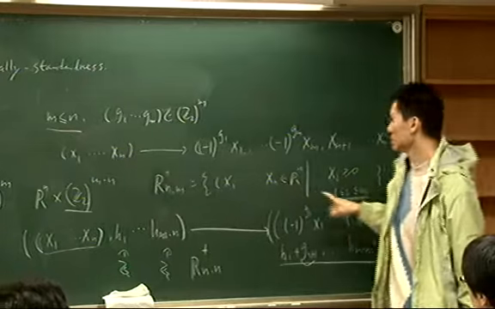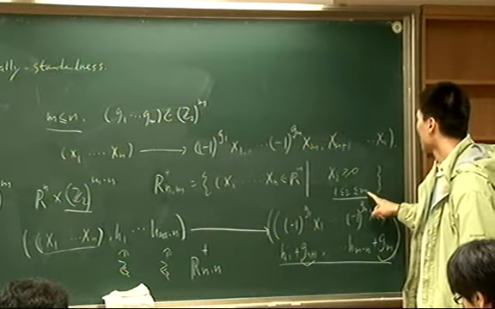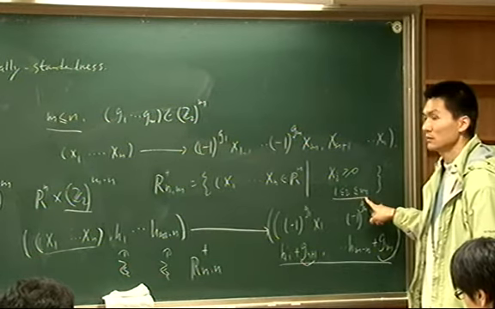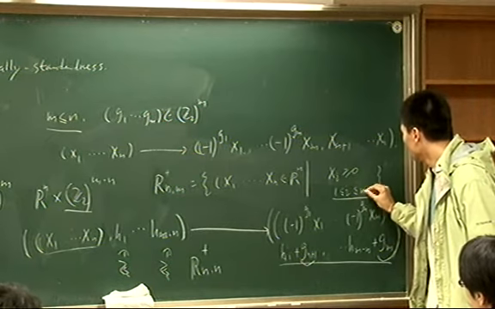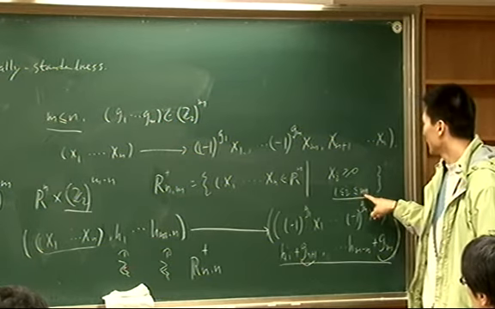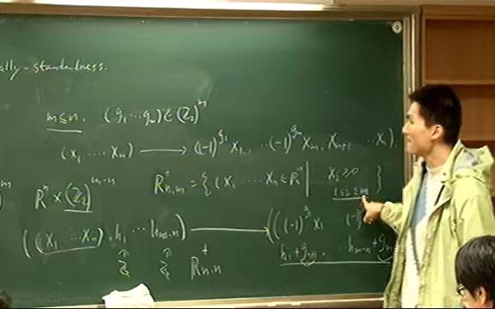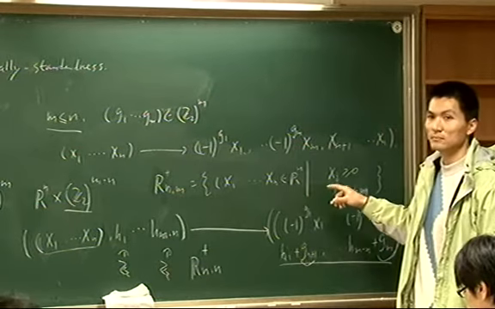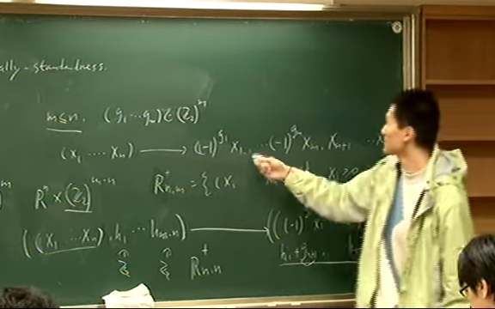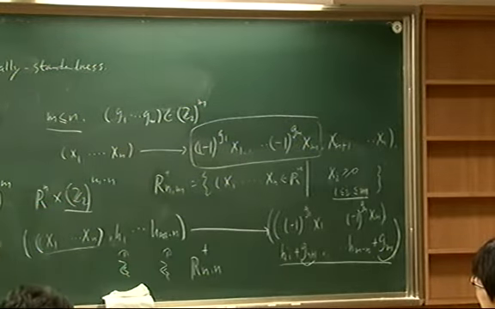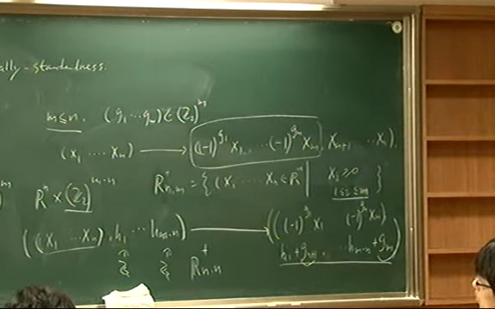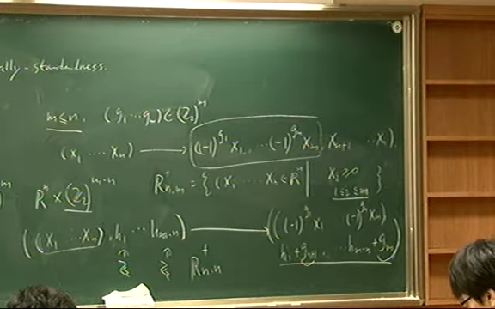But x's are x1 through xm, right? Right, but only the first n coordinates should be positive. I understand, but that x1 through xm. Everything is Rm, right? Yes, because I only do reflection in the first n coordinates. Oh.